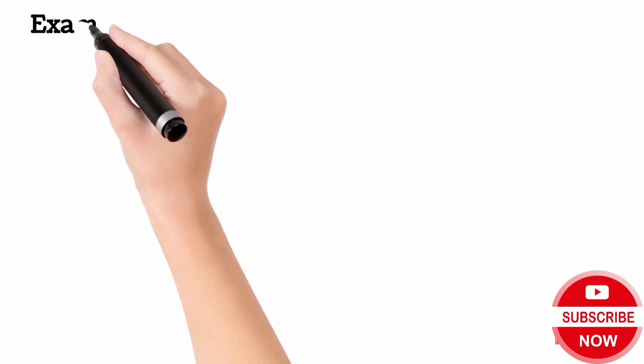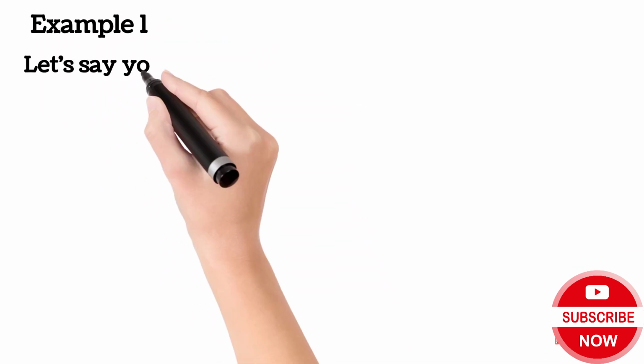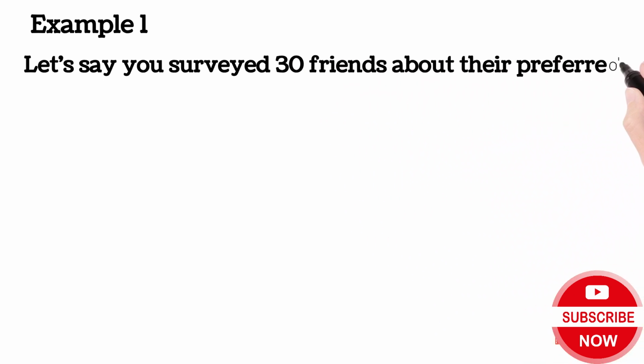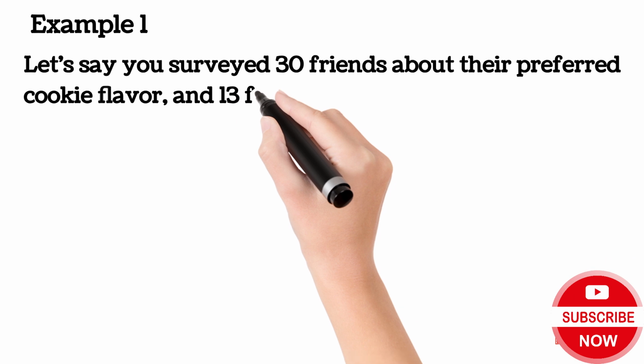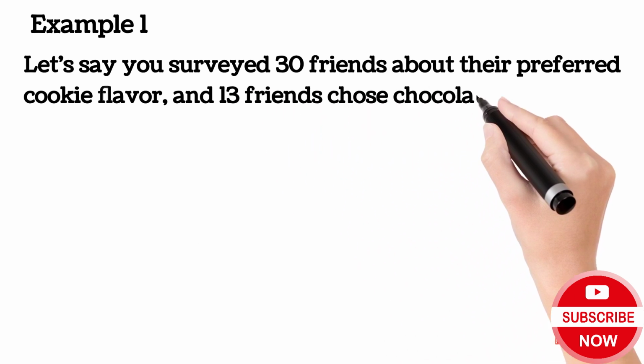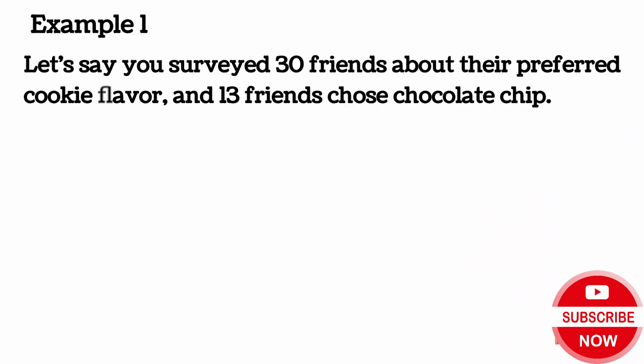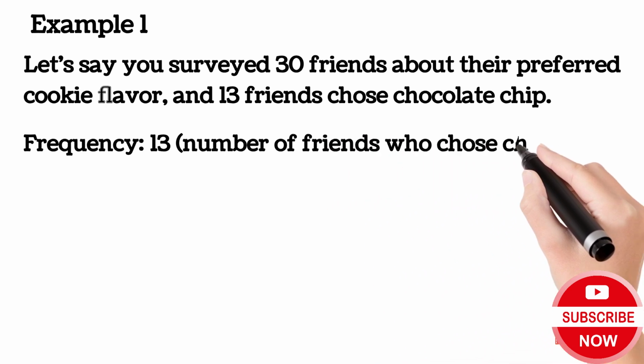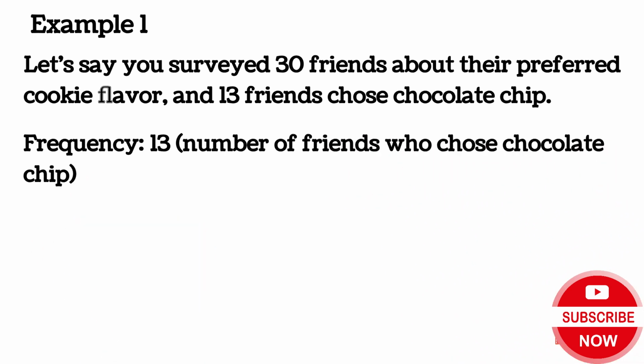So let's take an example. Example 1. Let's say you survey 30 friends about their preferred cookie flavor, and 13 friends choose chocolate chip. So you see, you conducted a survey where you have 30 friends, and each of them has their preferred cookie flavor, and 13 friends choose chocolate.